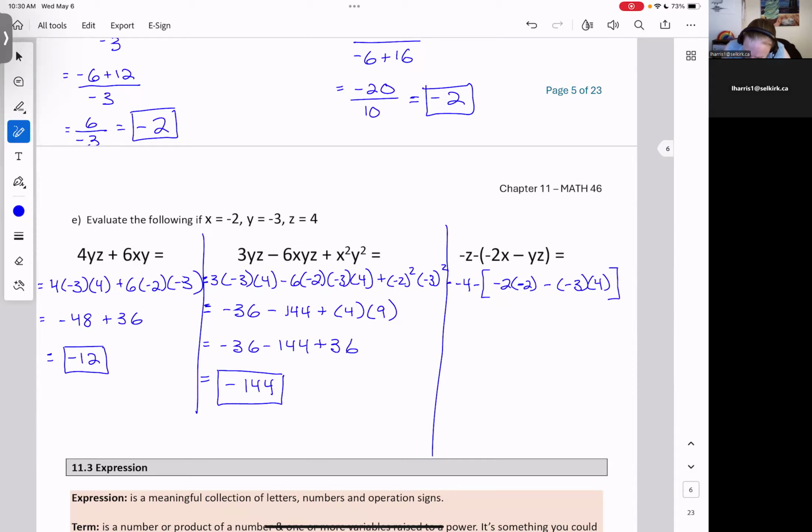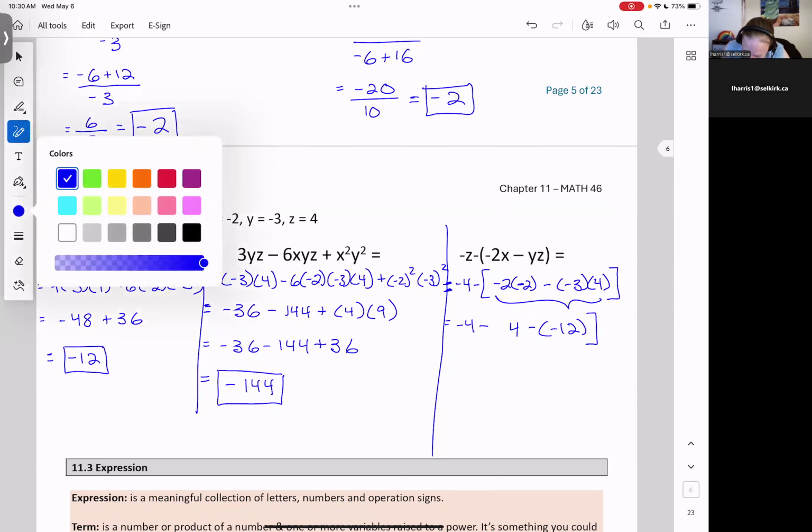Okay, so let's first start with what's in the brackets here. And so we've got -4 minus, and then we're going to have our -2 times -2 gives us +4. And then we would have minus -12. I guess technically those should be square again, because I still have outer brackets.